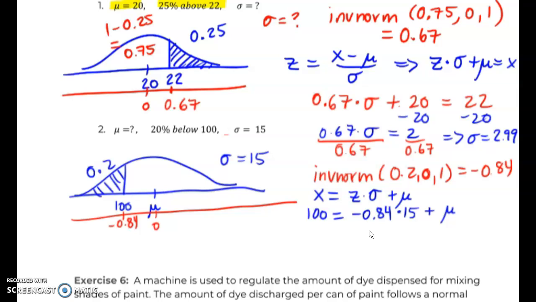So let's multiply negative 0.84 times 15, which is negative 12.6. Then all we have to do is add 12.6 on both sides, and we end up with 112.6 equal to our mean.